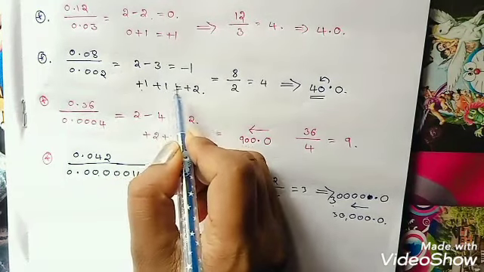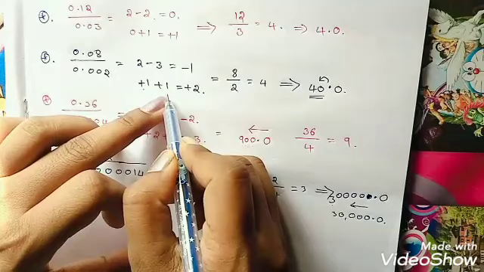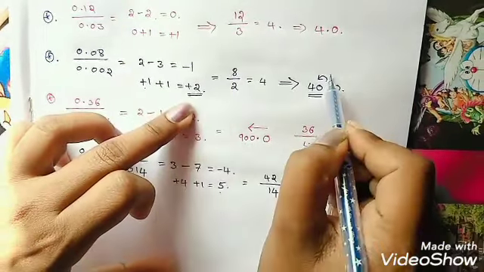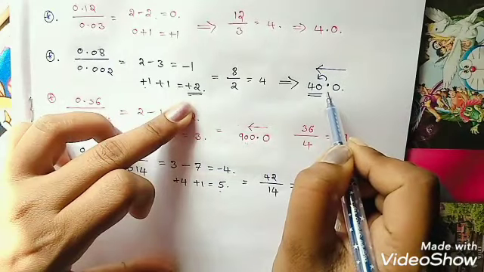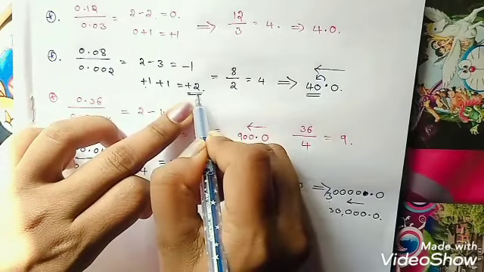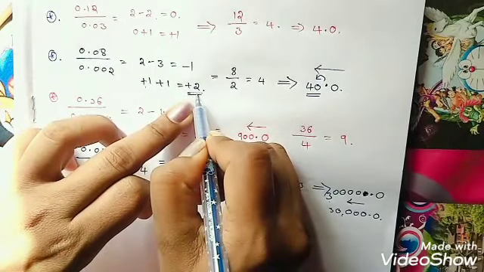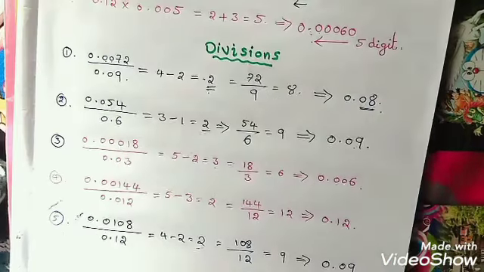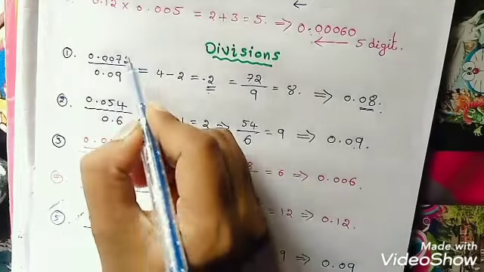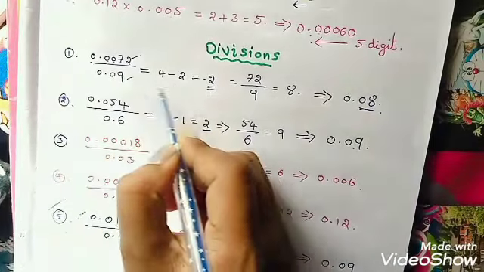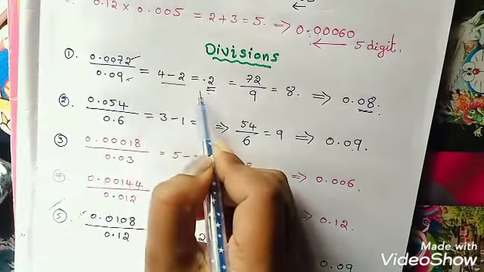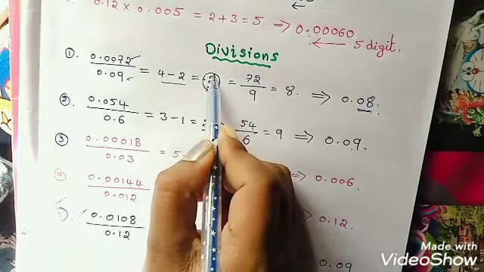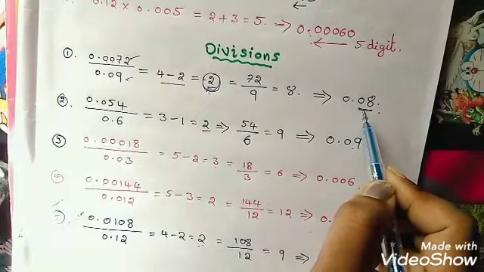Again you can add +1 to the number, then you can get those many digits before the decimal as the answer. This is the simple trick to find the divisions. In the division, simply subtract the denominator value from the numerator value, and finally you get one number. That many digits you can get in the answer.